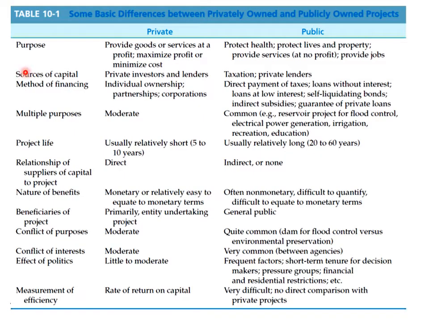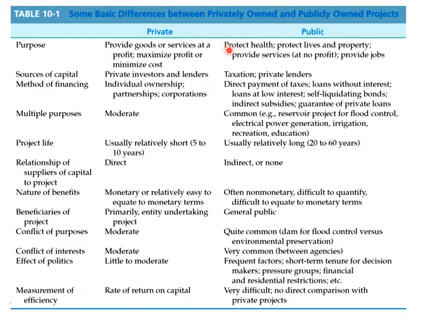This table actually summarizes the differences between public and private projects in terms of the purpose. In private projects, the purpose is to provide goods or services at a profit, maximize profit, or minimize cost. But in public projects, the purpose is to protect.